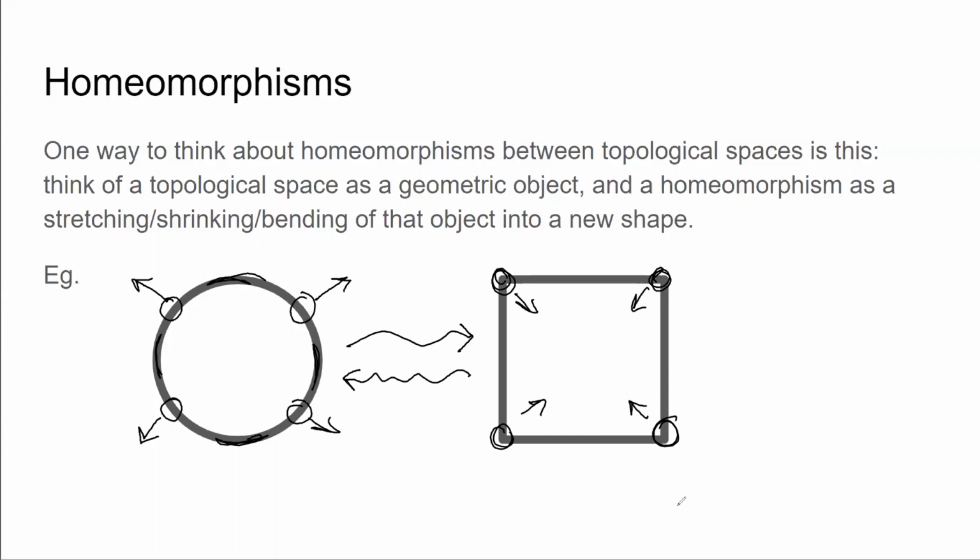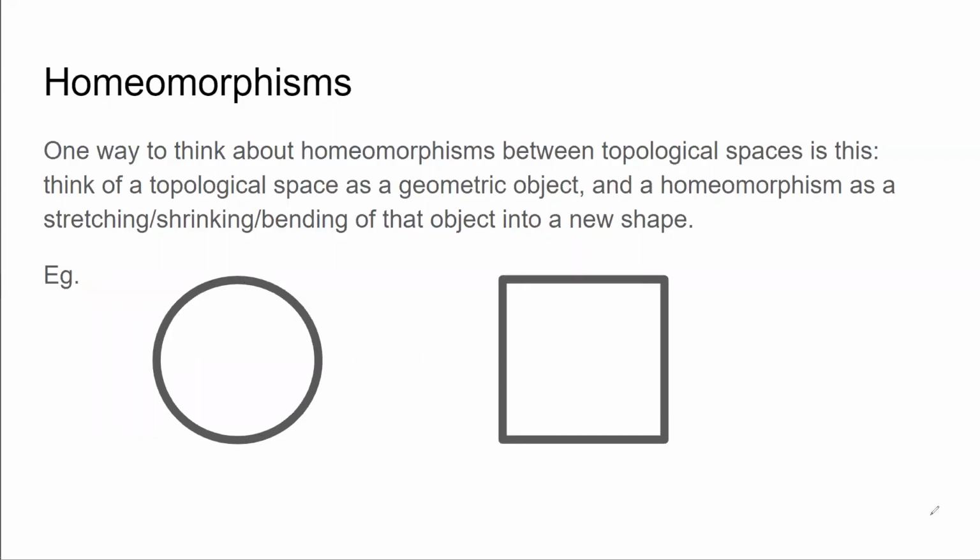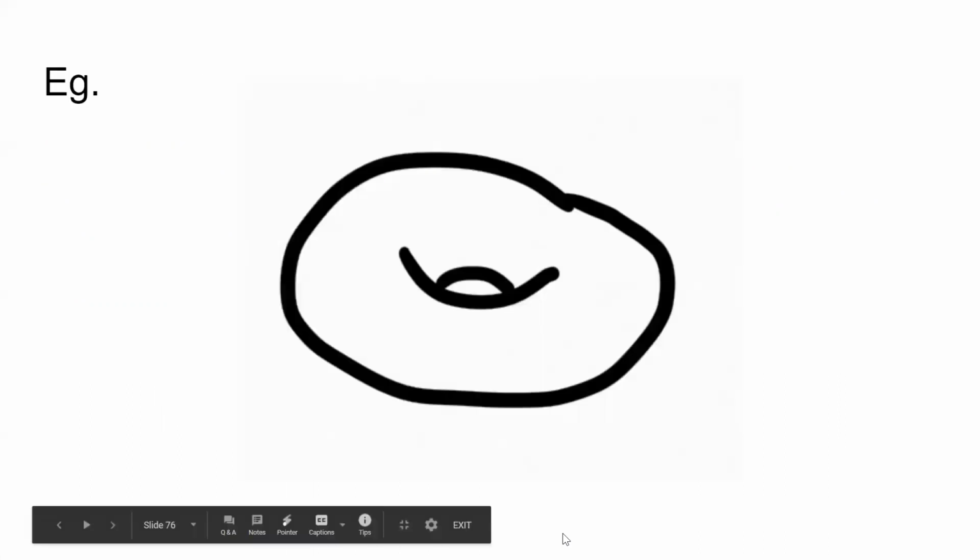Let's take a look at another example. This example is the classic example. If you continue on in math, you'll probably hear lots of jokes about it. Let's say I start with a donut.